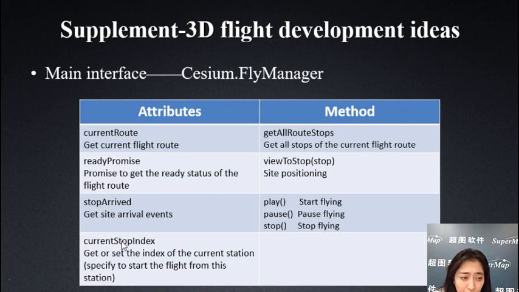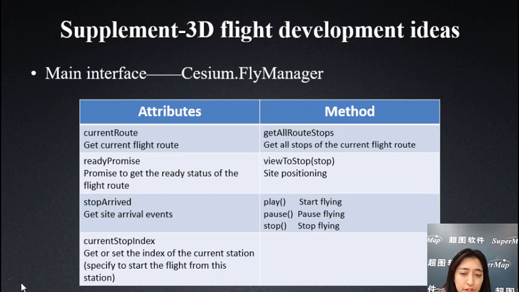And we can also set the current stop index, the current station index, and get the index of the current station, or you can directly set it up and jump to the corresponding site instead of starting from the first site.